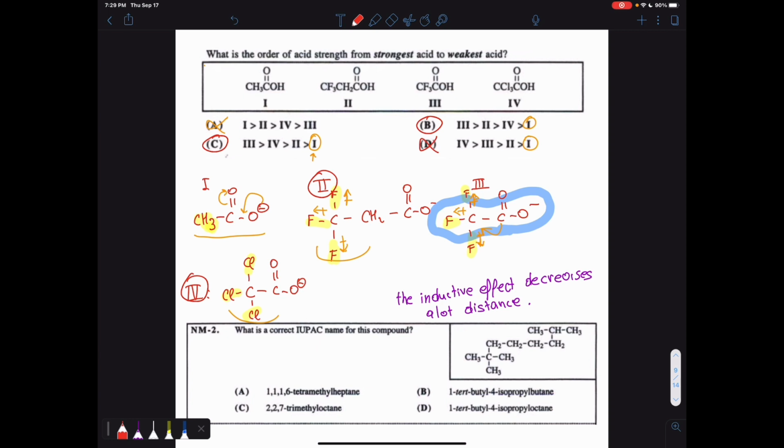Even though the fluorine is more electronegative and can pull electrons towards it better, the chlorine is closer to that negative cloud, making it the better distribution of the negative charge, making it the more stable. So that's why B will not be the option and C will be the correct option. That CH2 right here makes this whole thing less stable, right? Because it's further away from the negative cloud.